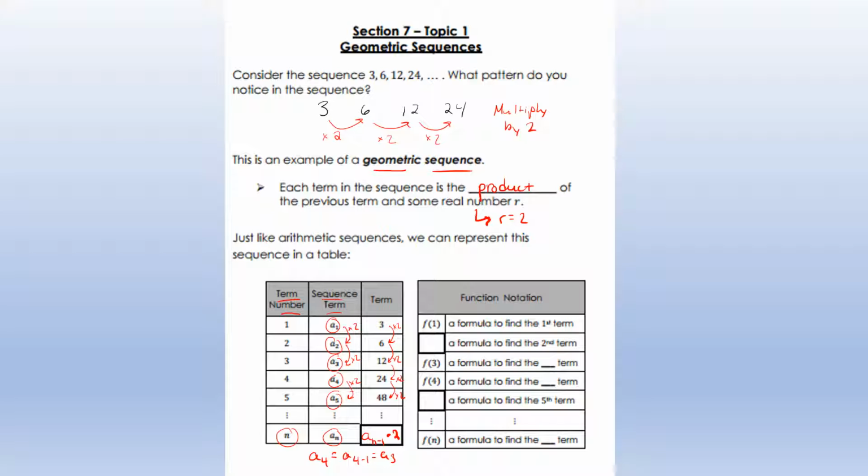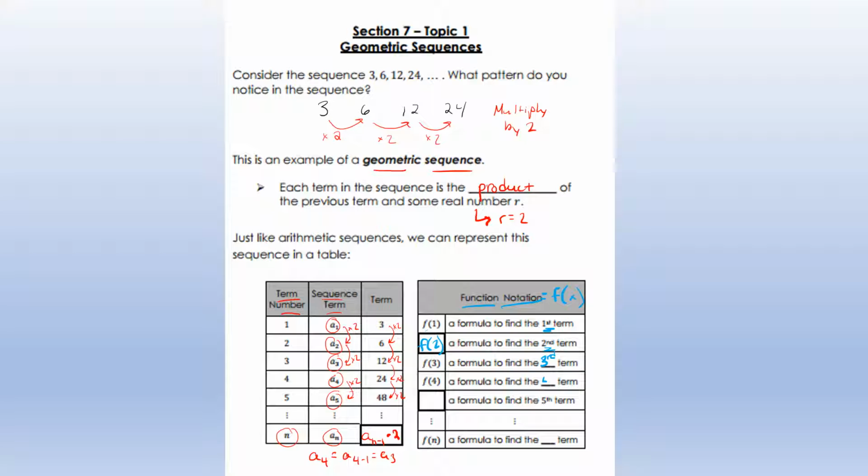What does that look like in function notation? In function notation, we don't use A's or numbers like this. We call it F. F of X. Remember, function notation means F of X. So if X is 1, if we're looking for the first term, F1 is a formula to find the first term. So what would be a formula to find the second term? Well, that would be F2. F3 would be a formula to find the third term.